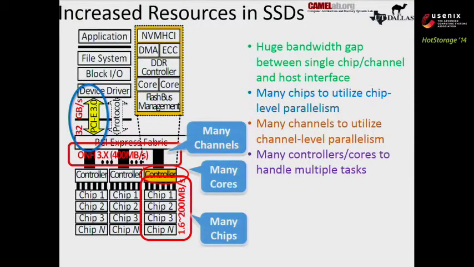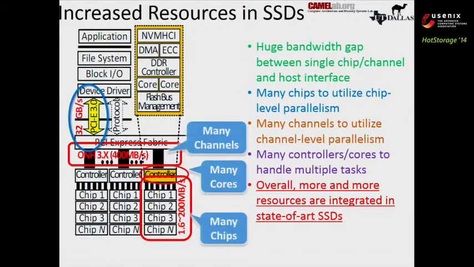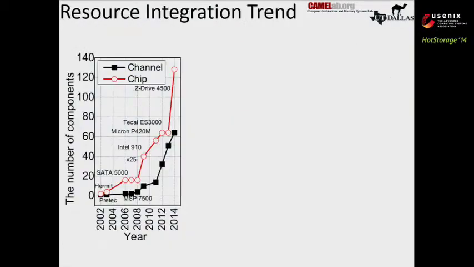This makes a single computation unit unable to satisfy the requirements. So multiple controllers with many cores are utilized in modern SSDs. To sum up, more and more resources are integrated in state-of-the-art SSDs.